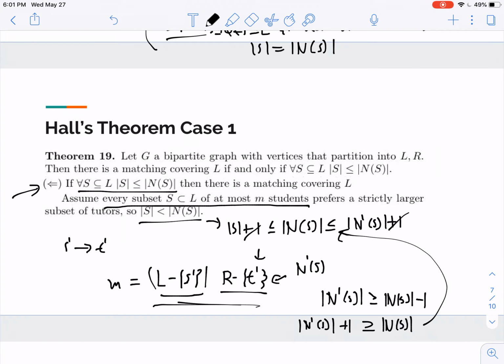And so therefore we can apply the inductive hypothesis and get a matching covering L minus S prime. We combine that with the edge from S prime to T prime, and since none of the students in L minus S prime are using T prime, we can combine the matching and it's still a matching.